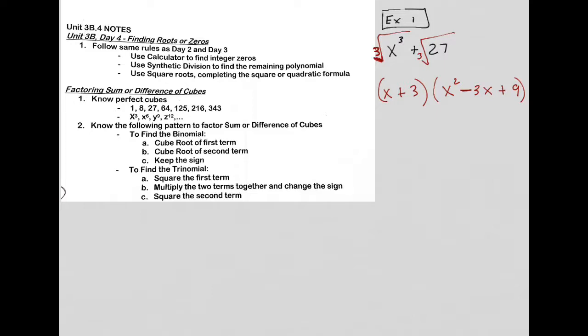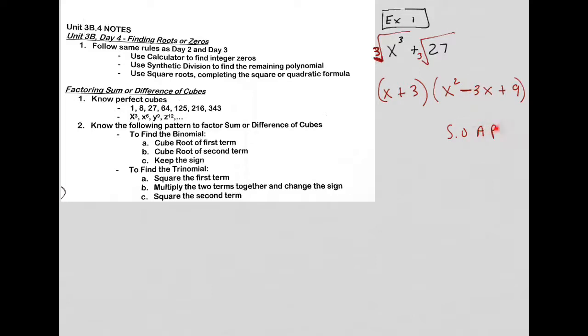So you'll hear some people refer to this as SOAP. So it's, let's write this, SOAP. That means this sign right here is always the same. This sign right here is opposite.